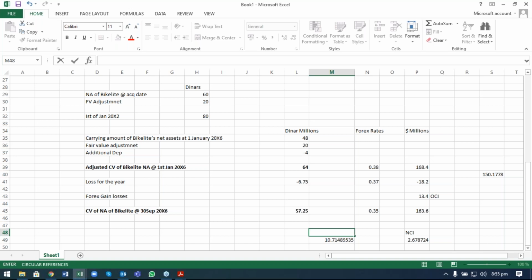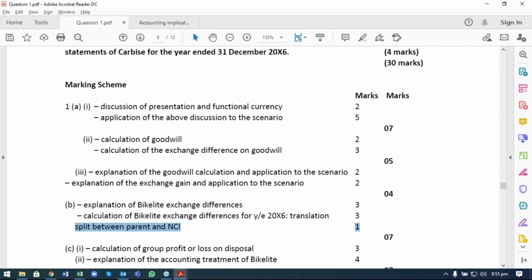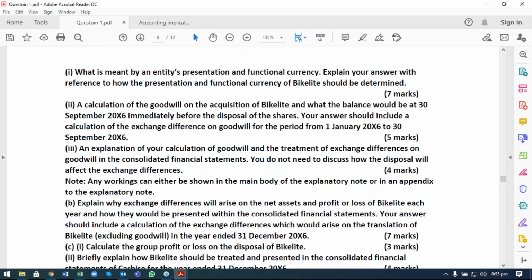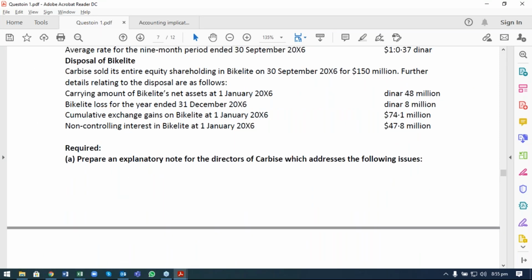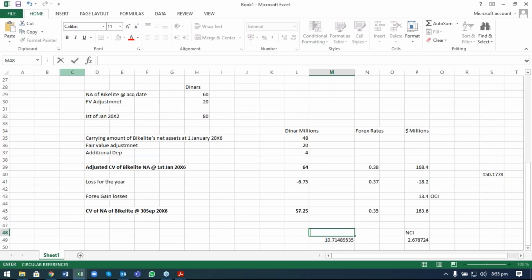I'm always using the parent company name to make sure that you would be using the parent company name whenever you are calculating it. What is the parent company name? I missed the parent company name. That is Carbise. So Carbise share. So this is how you have split these two things.